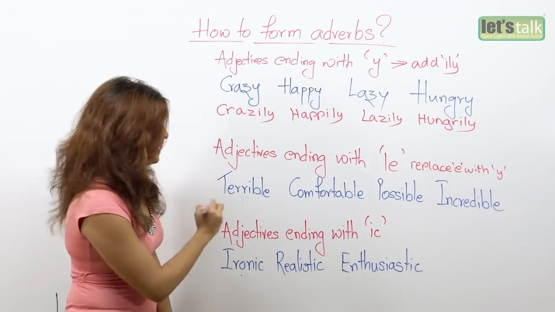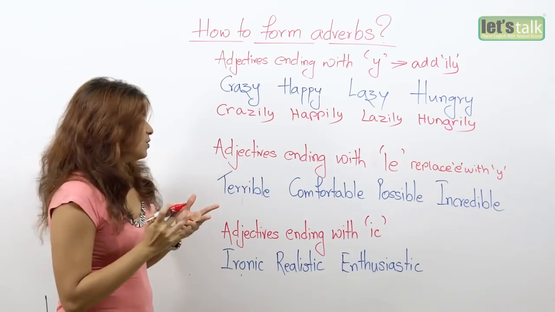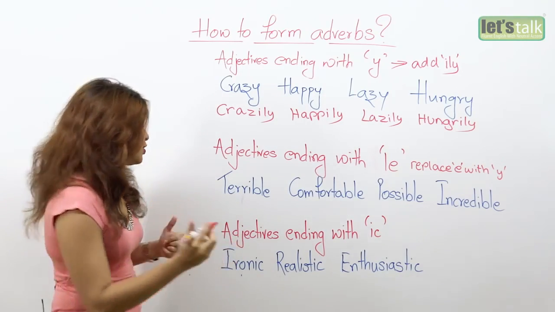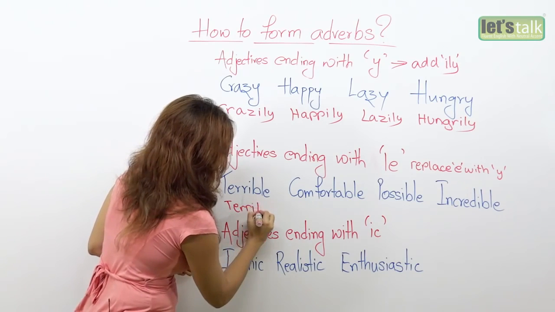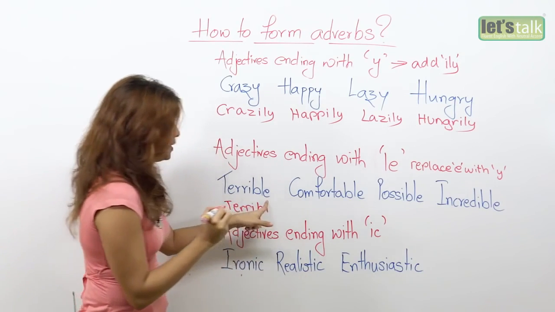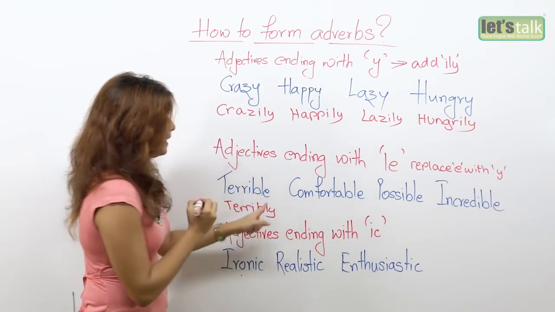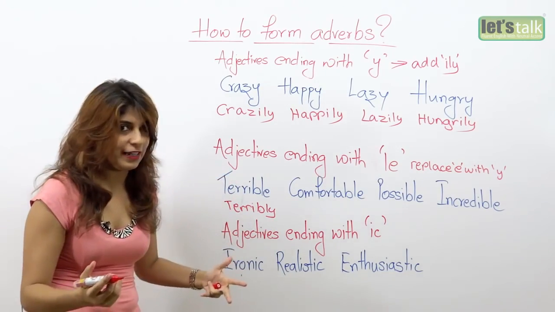Let's have a look at the example here. Terrible. Well, she cooked terribly. So terribly is your adverb, but you get rid of the E. Basically, you replace the E with the letter Y. So it's going to be terribly.